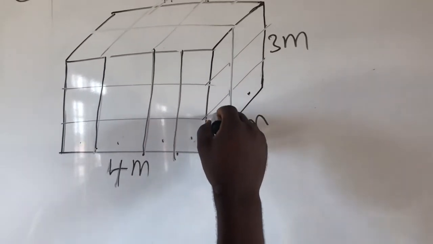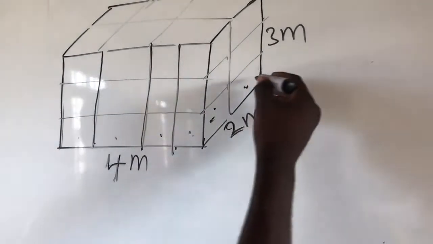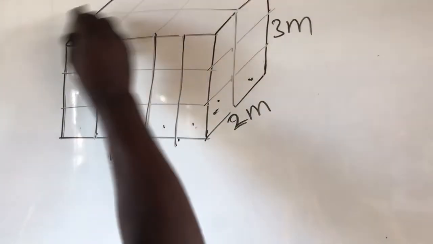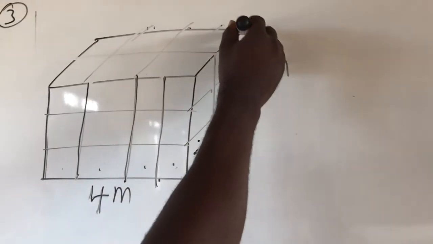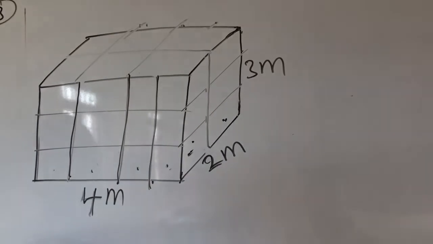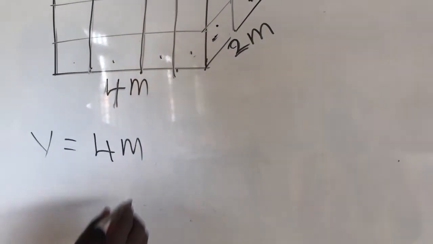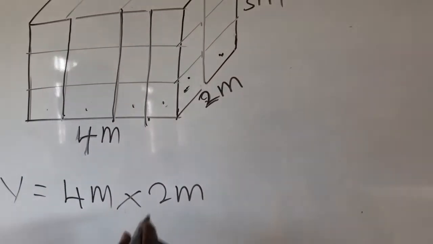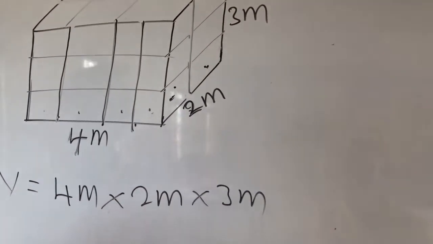And this side too, that's the height. This is the base, this is the top. The space between the base and the top is the height. So the volume now is 4 meters times 2 meters, which is the width, times the height, which is 3 meters. Good.